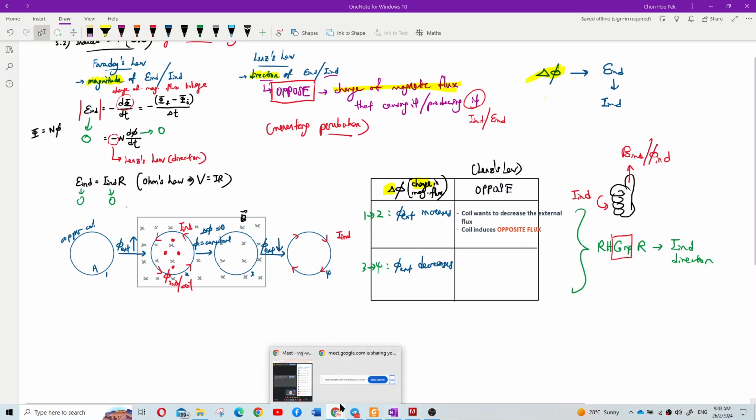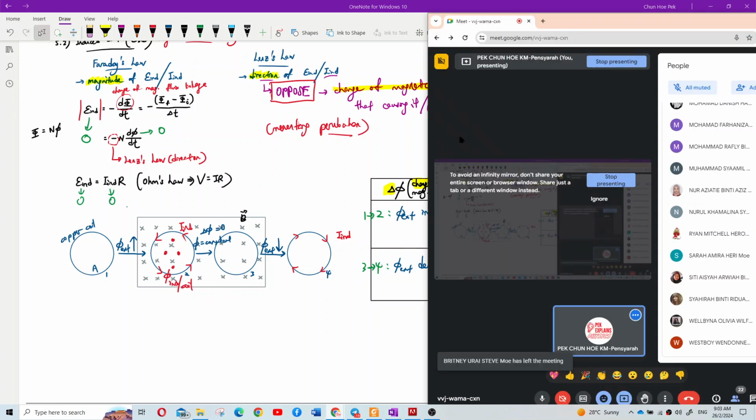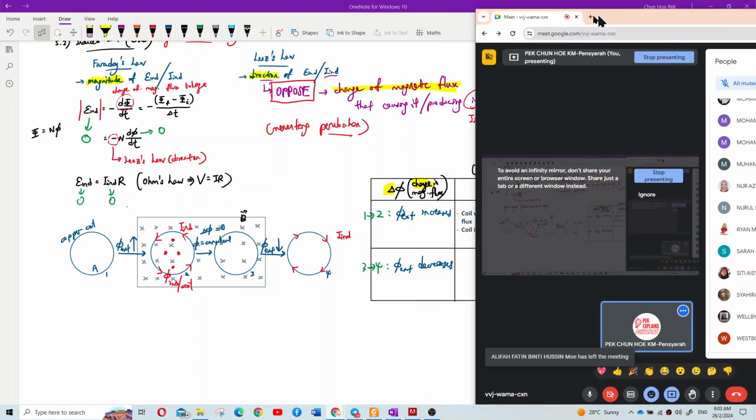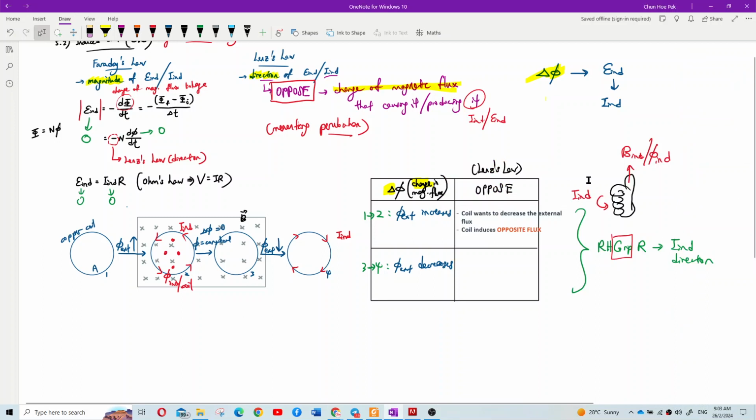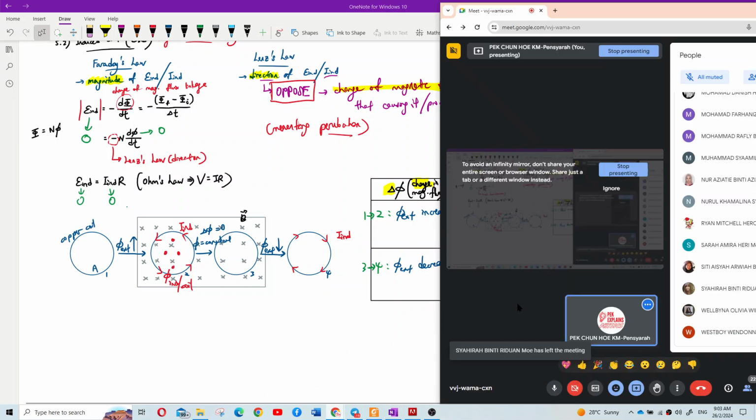Class, at least give me some response lah. Give me some response. Your thumb is pointing out of the page, and your finger points in what direction, class? Use your hand together. Come on.